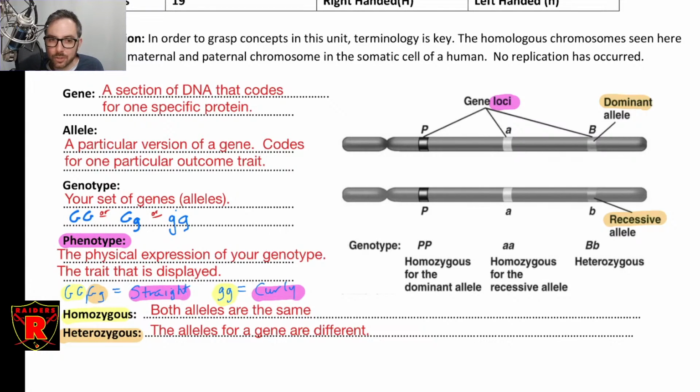Your set of alleles is called your genotype. So if you had big G, big G, or big G, little g, or little g, little g, that would be your genotype. And your phenotype is what that looks like, the physical expression of that. Homozygous means they're the same, and heterozygous means they're different.